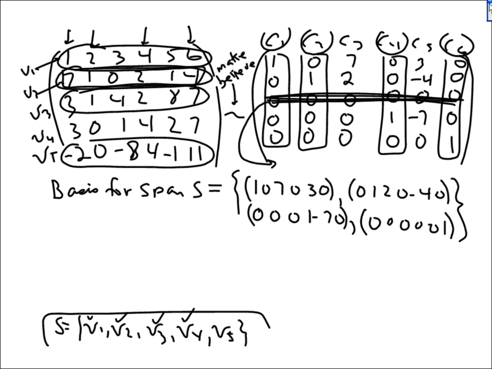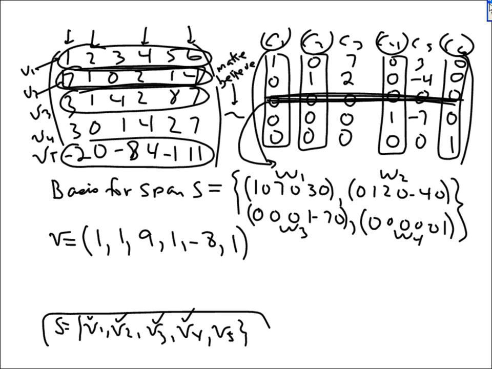And let's suppose V is equal to 1. For simplicity, let's call these vectors in the basis W1, W2, W3, and W4.